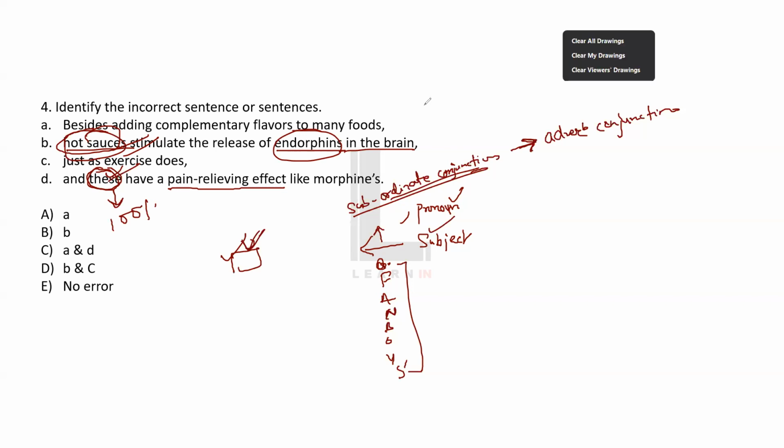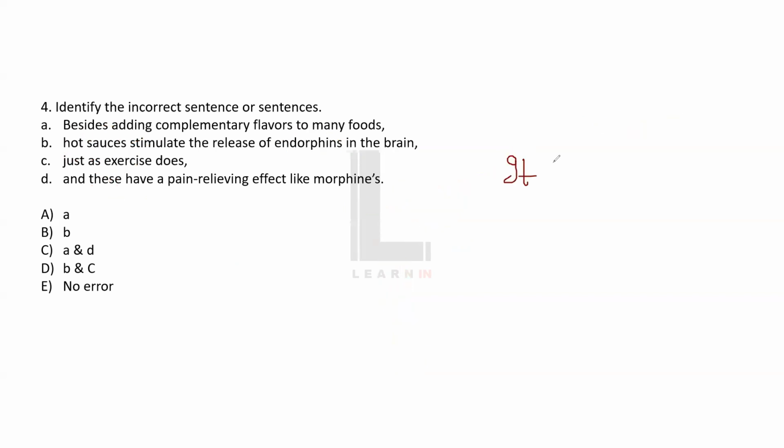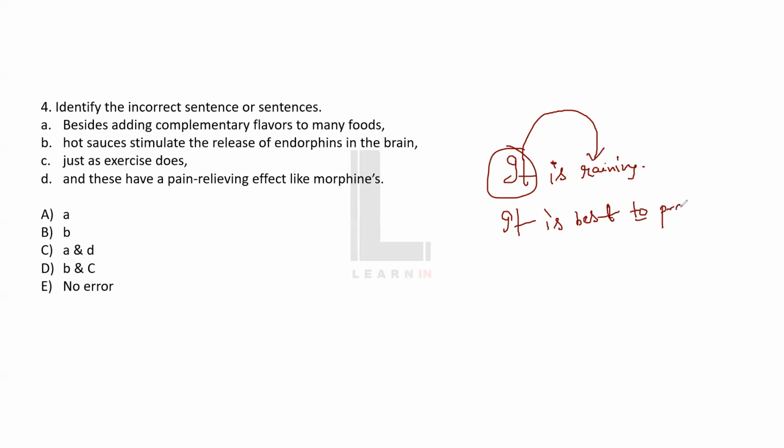The last type of sentence that is using it is raining, right? What does it talk about here? It talks about that it is raining right now. Okay, it is best to practice silence.